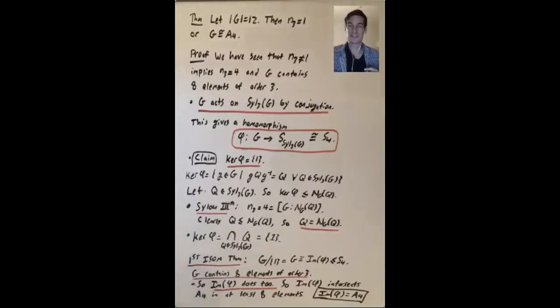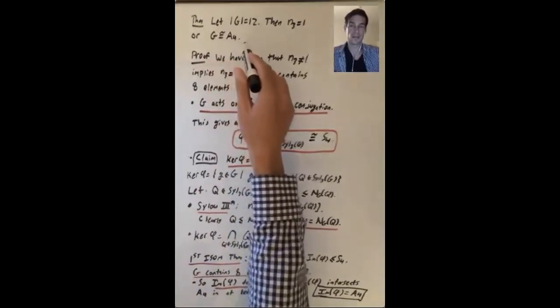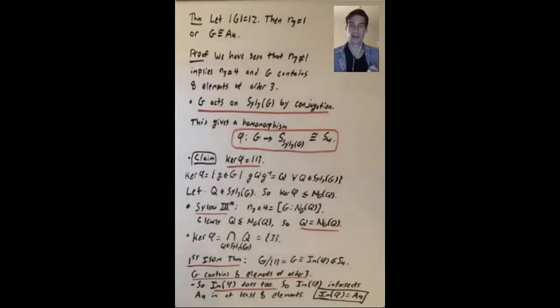Let's prove this stronger result about groups of order 12. We want to show that either G contains a normal Sylow 3 subgroup, or if it doesn't, then not only does G contain a normal Sylow 2 subgroup, but G must be isomorphic to A4. Okay, so we saw before that for a group of order 12, either n3 had to be equal to 1 or n3 had to be equal to 4.